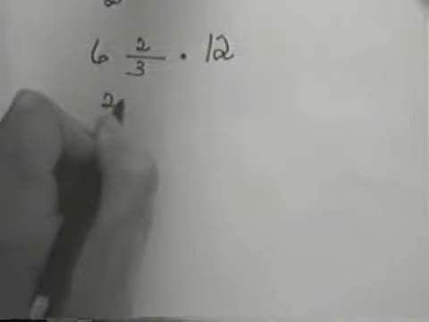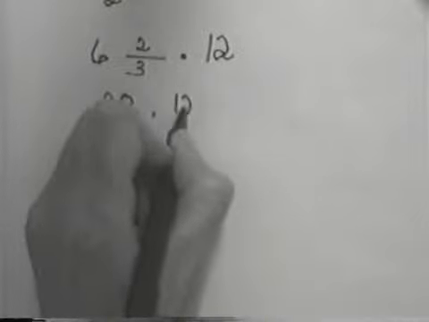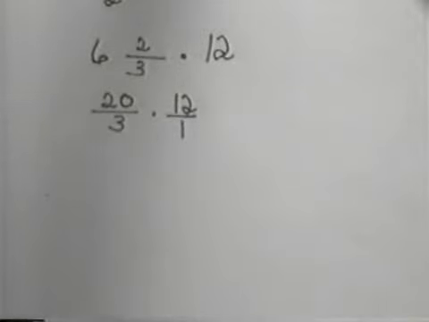When we do that, 3 times 6 is 18, plus 2 gives us 20/3. And then we want to make the 12 look like a fraction too, so we'll put a 1 under it. You can always make the denominator of a whole number 1 to make it look like a fraction. And then we'll be ready to reduce.